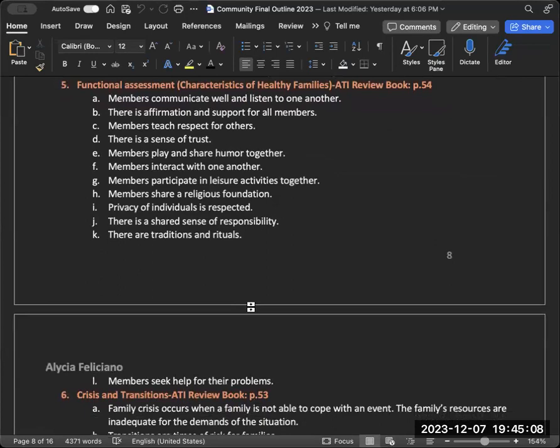The next thing I have is characteristics of a healthy family. Now I have all of these listed from the ATI book on what are characteristics of healthy families. But can you all just give me some examples of what you think would be a characteristic of a healthy family? Good communication.